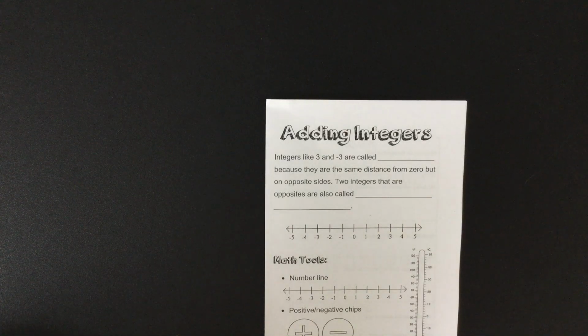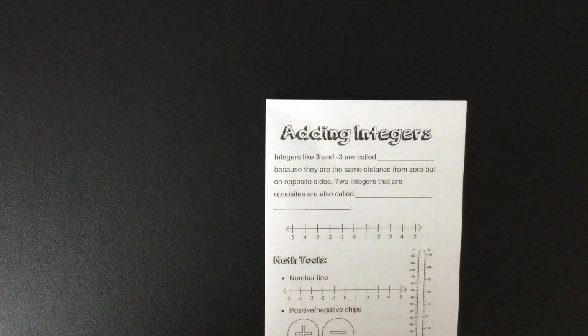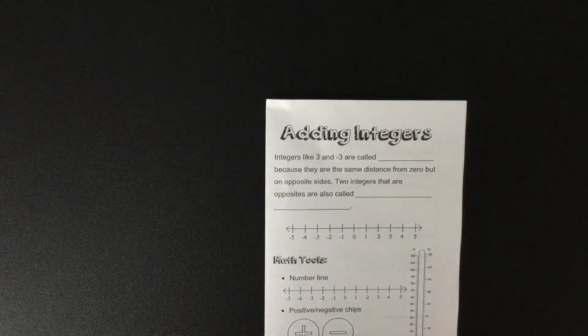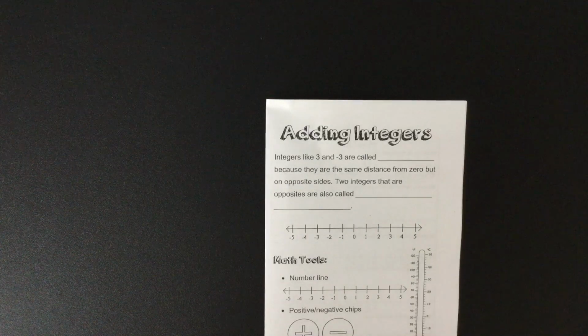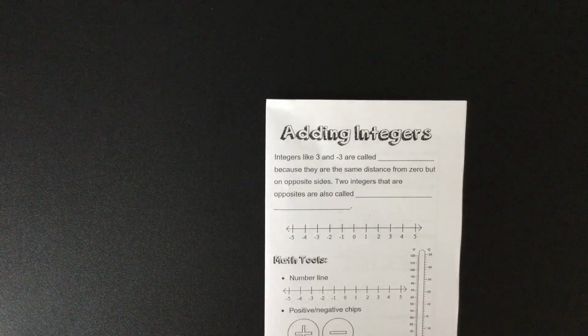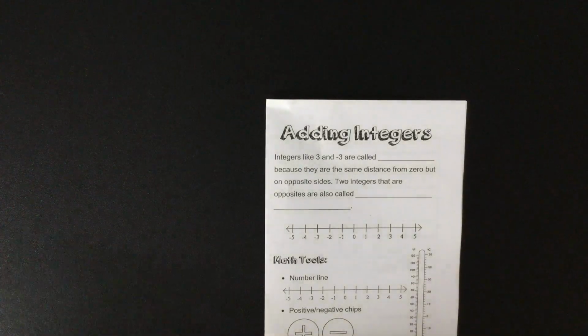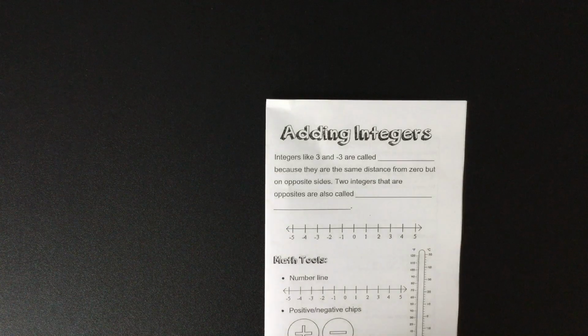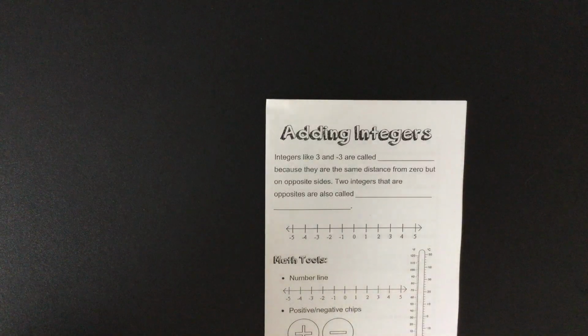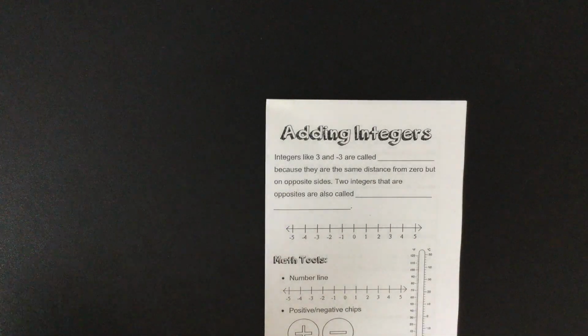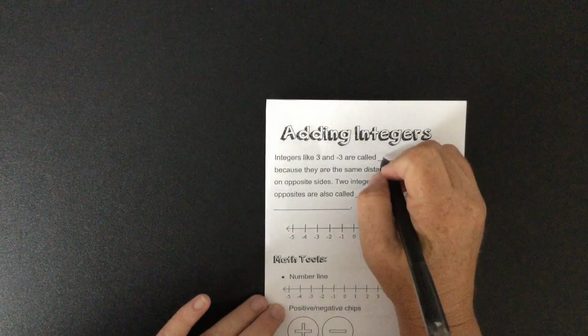Integers like 3 and -3 are called what on a number line? Now think before you answer this question. If I have -3 on the left side and 3 on the positive side, those two numbers are considered to be what? Opposites. Very good.